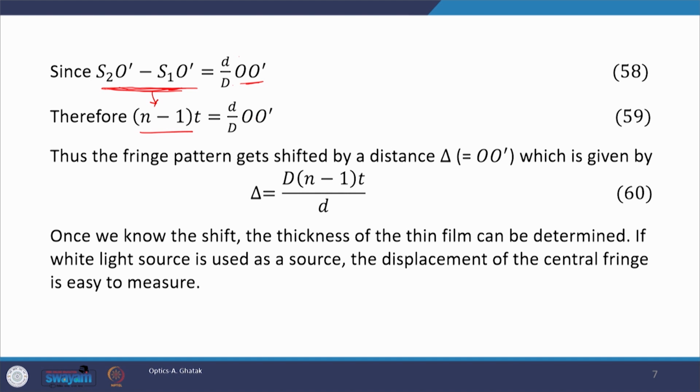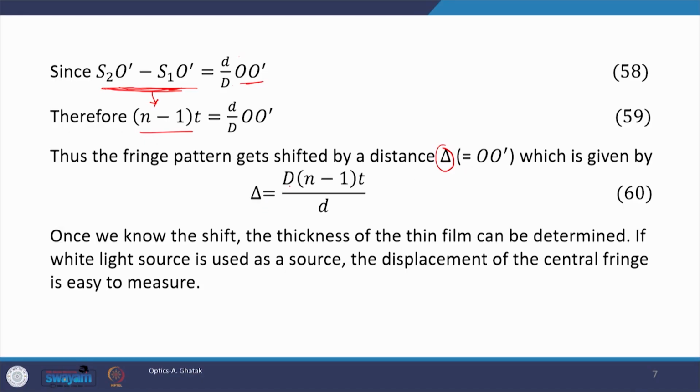What is O prime? O prime is the shift in the central fringe. Let us represent the shift in the central fringe by a symbol delta. Therefore, O prime or delta is equal to D (n minus 1) T by small d.